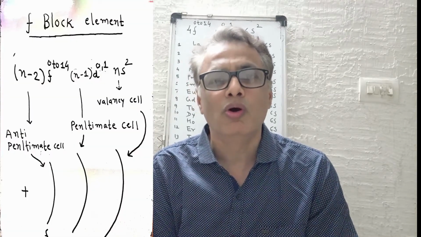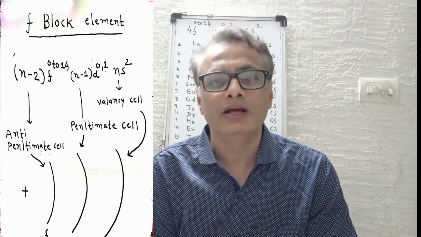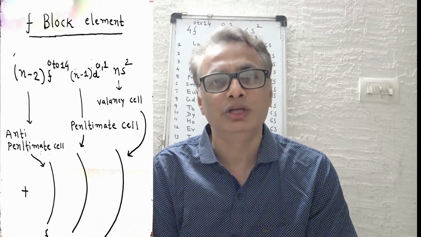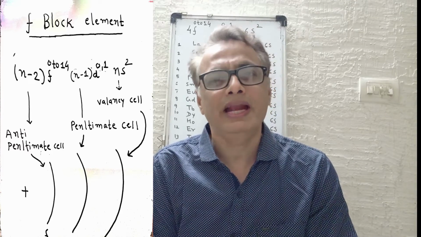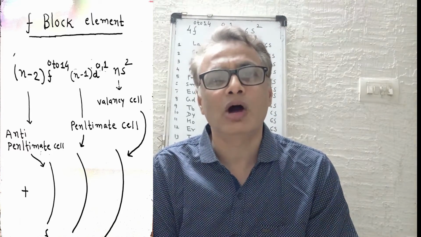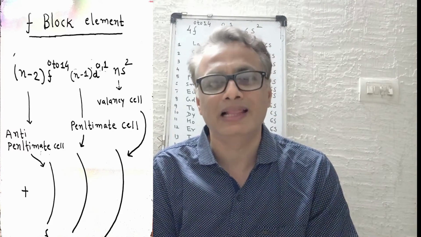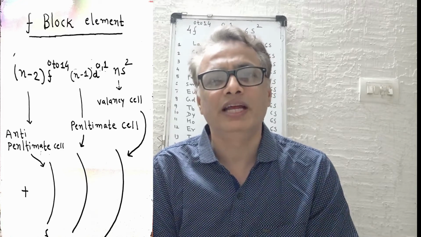The general electronic configuration of f block elements can be written as (n-2)f 0 to 14, (n-1)d 0 to 1, ns2. Here ns2 is known as the outermost or valence shell, which contains 2 electrons.